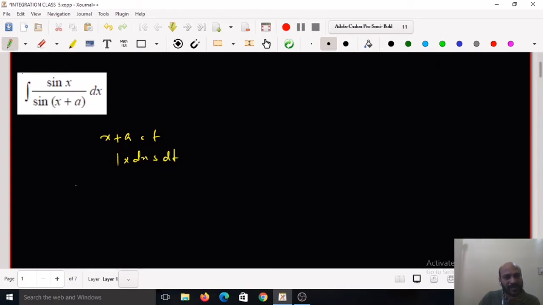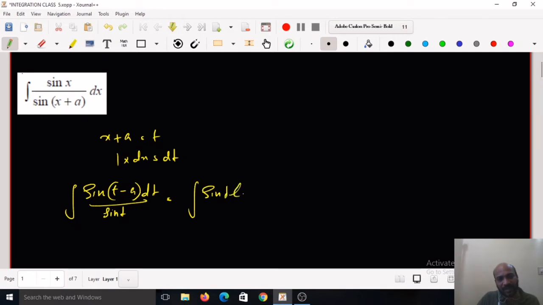So this question we can change. What is the value of x? x equal to t minus a, and dx equal to dt. The denominator is sin of x plus a, and x plus a equal to t, so we get sin t. In the numerator we can use the sin of t minus a formula, that is sin t cos a minus cos t sin a, whole divided by sin t dt.